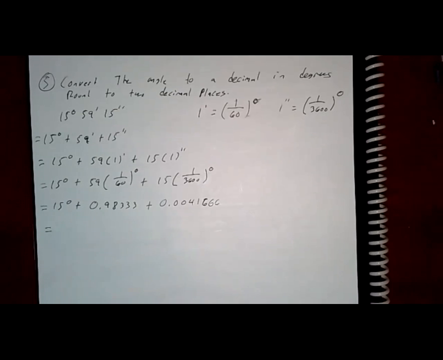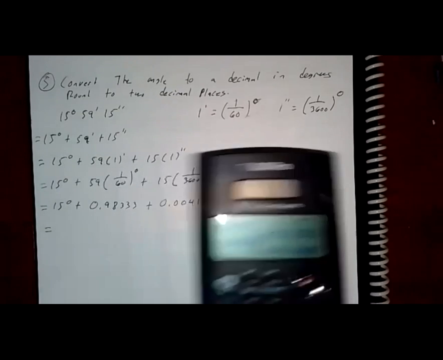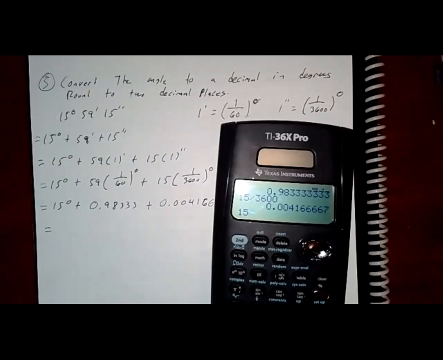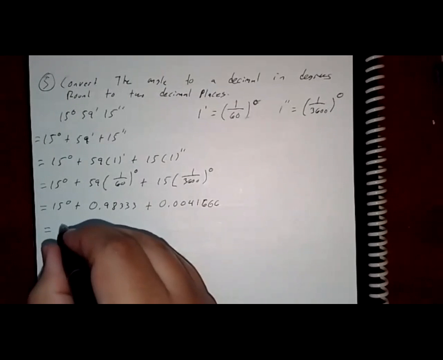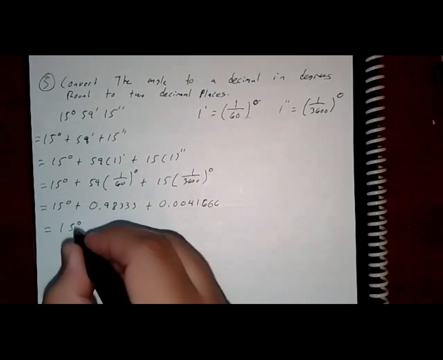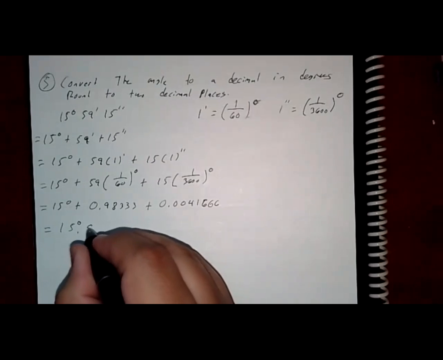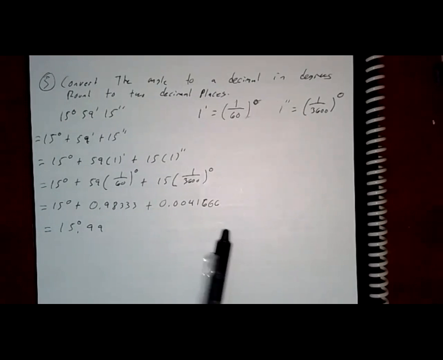So add these all together, that'll be 15 degrees plus 0.9833 plus 0.004166. So our answer rounded to 2 decimal places looks like about 15.999 degrees.